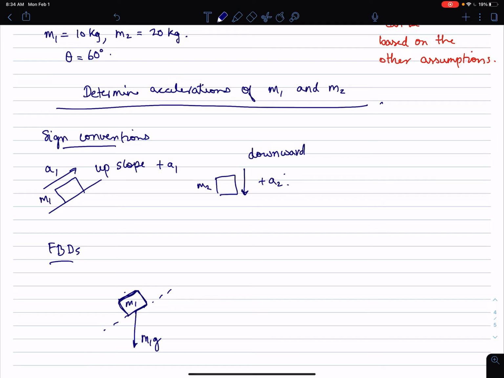And perpendicular to the surface is the so-called normal reaction, N. You can call it F sub N or N, whatever you want. And then up the slope is the tension due to the rope. Okay, so that's the free body diagram. And then we have for the other mass, m2g downwards, and upwards tension T. Okay, so those are the two free body diagrams really.